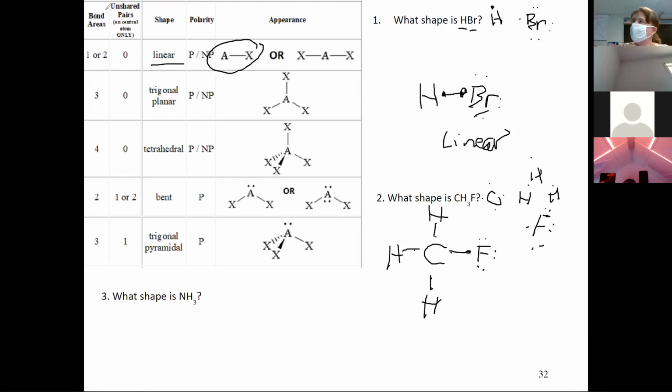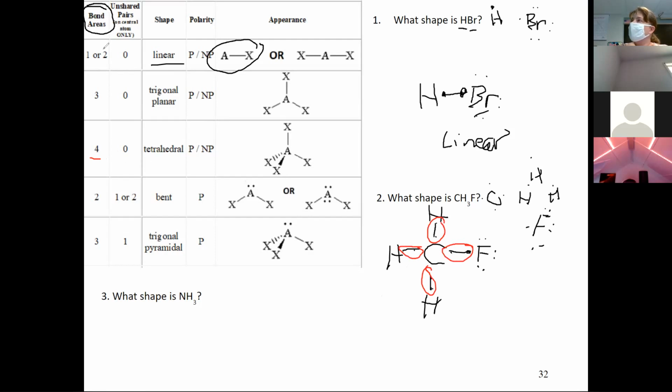Yep, tetrahedral. And this one is easy because there's only 1 of them that has 4 bond areas. So remember, anything touching the central carbon is going to count. So we have a bond here, a bond here, a bond here, and a bond here. So we have 4 bond areas.